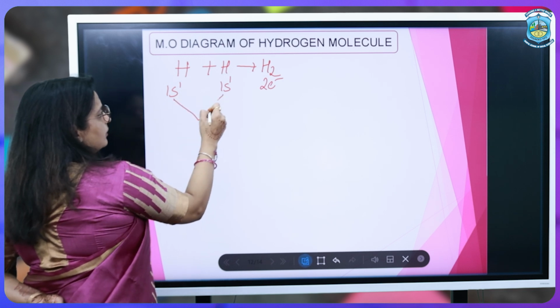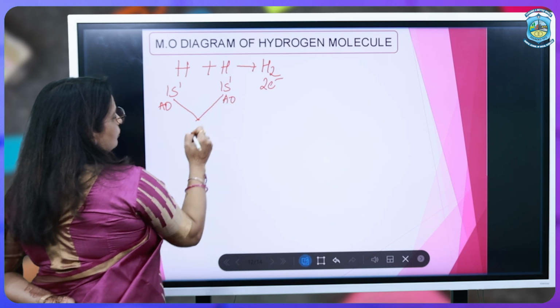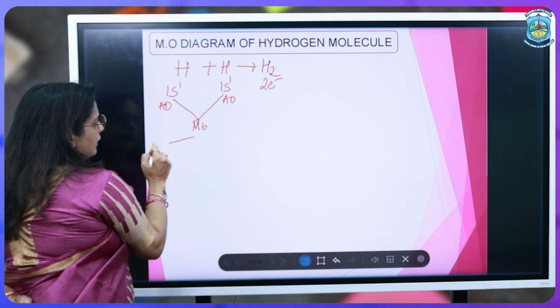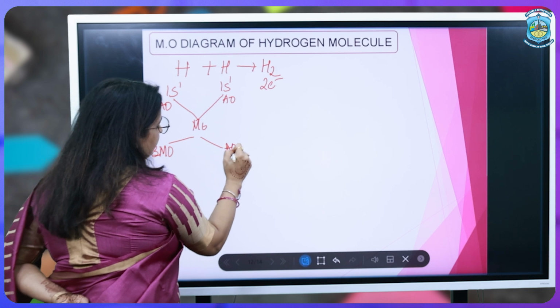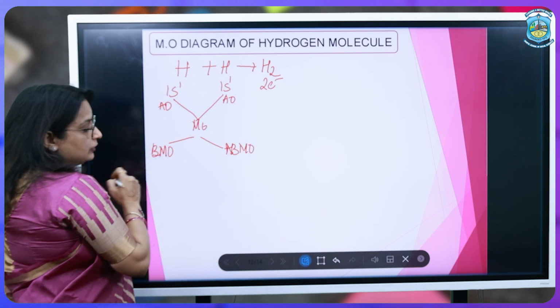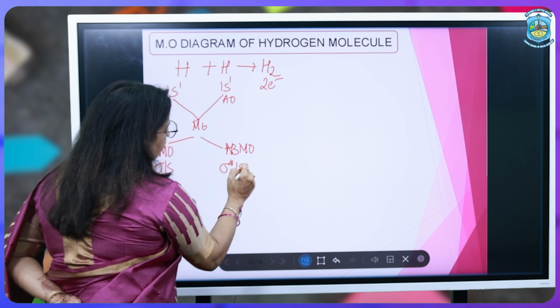Because two atomic orbitals are combining, they are going to form two molecular orbitals. One will be the bonding molecular orbital, another one will be the anti-bonding molecular orbital. So this will be sigma 1s, this will be anti-sigma 1s.